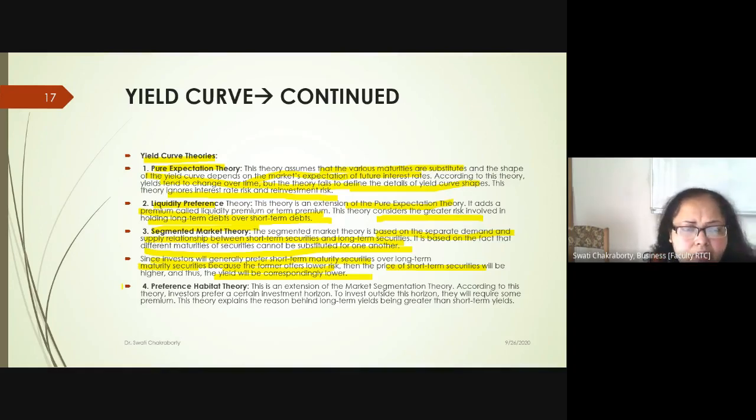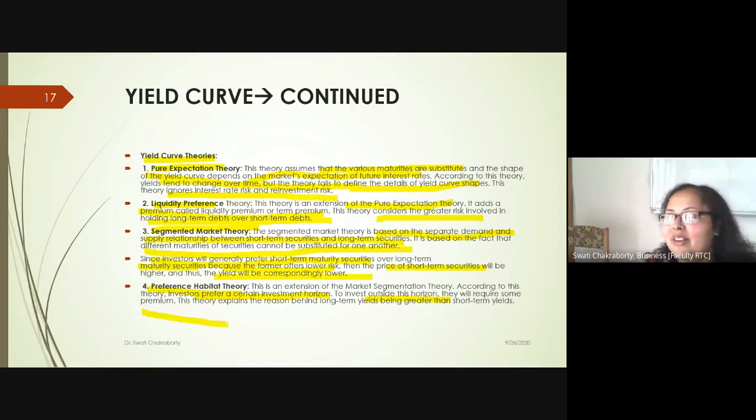Okay. Fourth is preferred habitat theory, which is an extension of the market segmentation theory, which says that investors prefer a certain investment horizon, the time period for which they want to invest, right? To invest anything outside this horizon, they will require some premium.